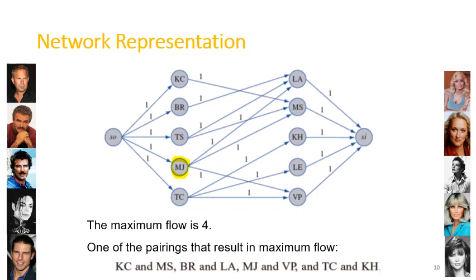He's only compatible with Laurie Anderson, I think, and then with Meryl Streep, and then with Victoria Principal. So from MJ, you only draw these arcs with capacity exactly 1 to the female celebrities whom he is compatible with. Or he was, I should say.